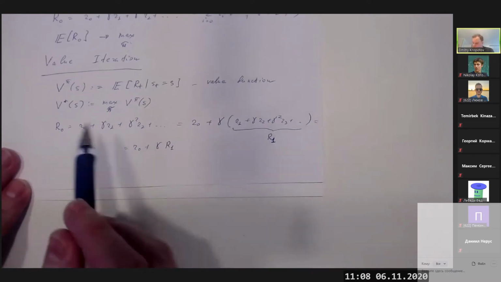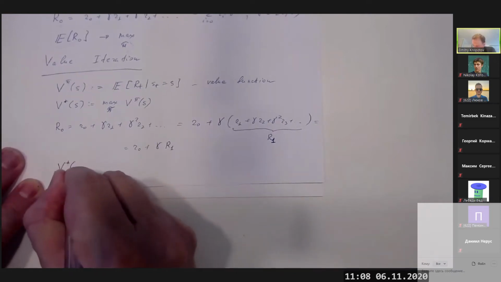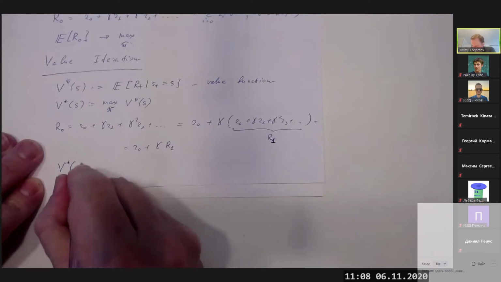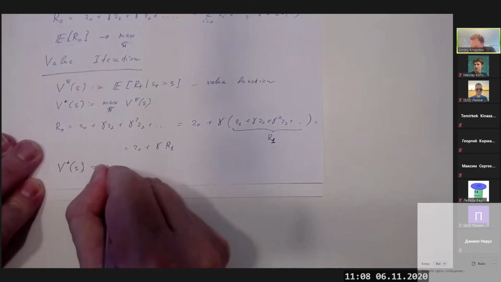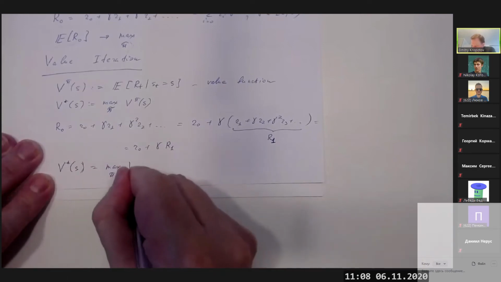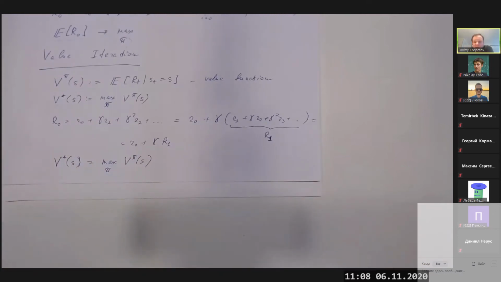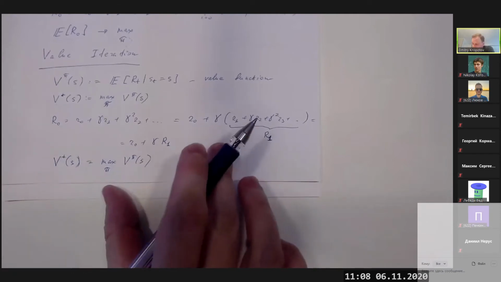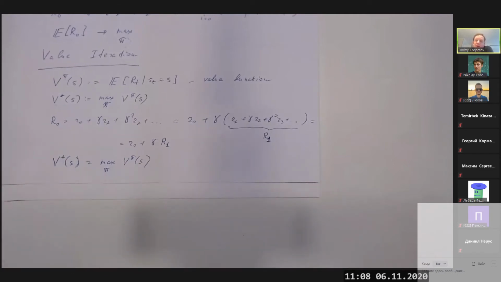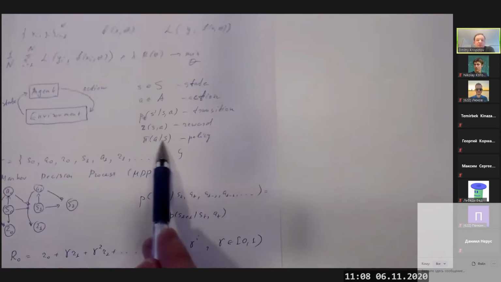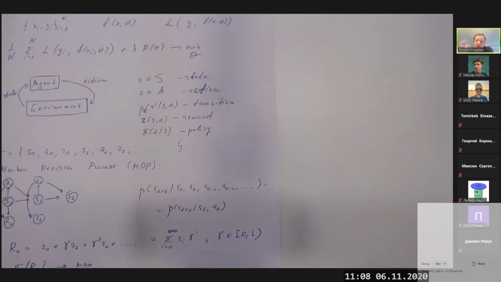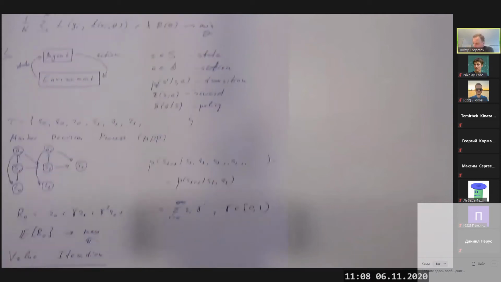Okay, so now let's start with our optimal function, which is a maximization over all possible policies. Next, suppose for simplicity, again, for now, that we are working only with deterministic strategies. So these pies are actually not a distribution of actions, but just some deterministic functions. It shows us the particular action given some state.